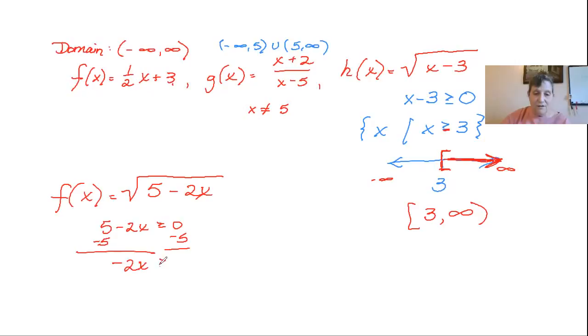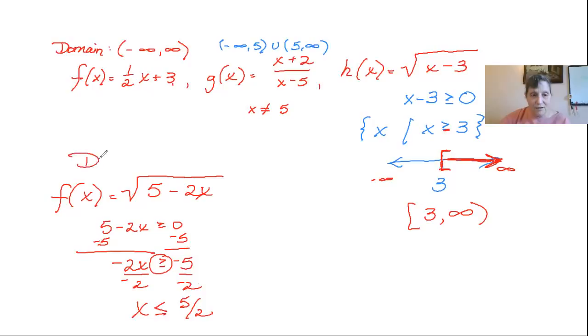Negative 2x is greater than or equal to negative 5. But when I divide by a negative 2, I have to turn this around. So it turns out to be x is less than or equal to, 2 negatives will make this a positive, 5 halves.